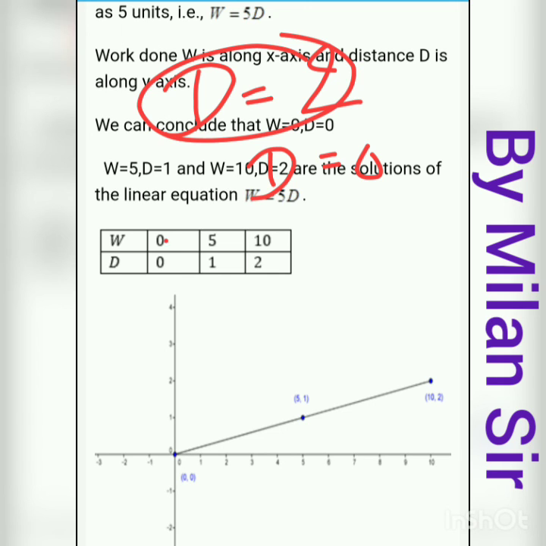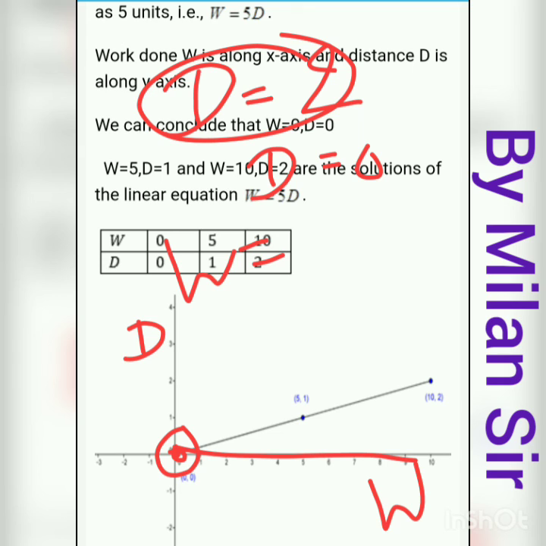If D is equal to 2, then W is equal to... sorry, this is our W and here we have D. So if D is equal to 0, on the Y axis we need to check 0. So here we have 0.